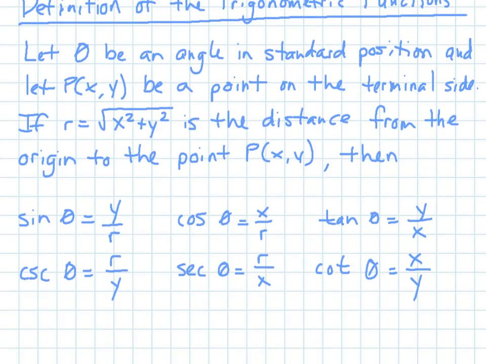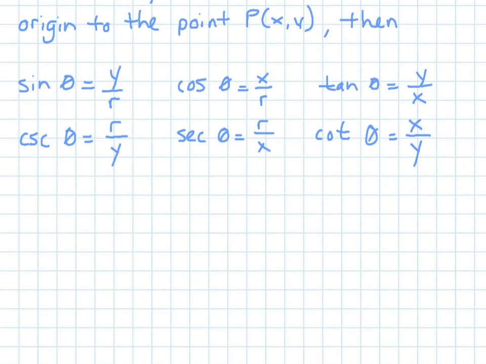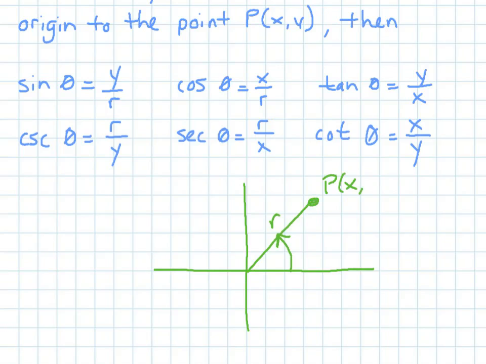So what they're trying to tell you is, if you have a triangle where this is the radius, and you have a point P of x, y, we can create a triangle. If we make it go straight down, we say that's theta, so it's a right triangle.